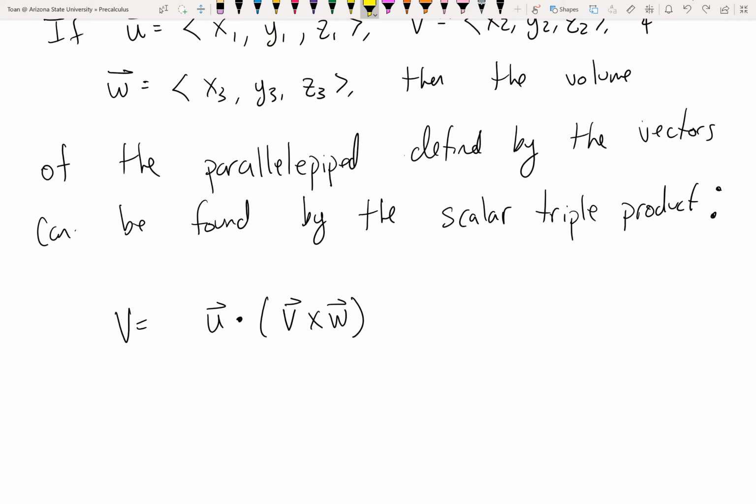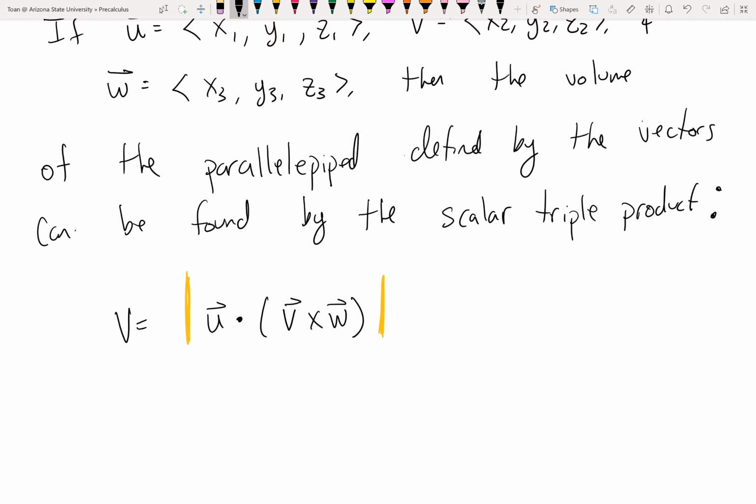But when we're finding volumes, of course it doesn't make sense for volumes to be negative, so you always have to make sure that your final answer is positive. So even if the scalar triple product gives you a negative number, you have to know, as a mathematician, since I'm solving for volume, that the volume should be positive. So that's why typically there are absolute value bars in this, just to make sure they're positive.